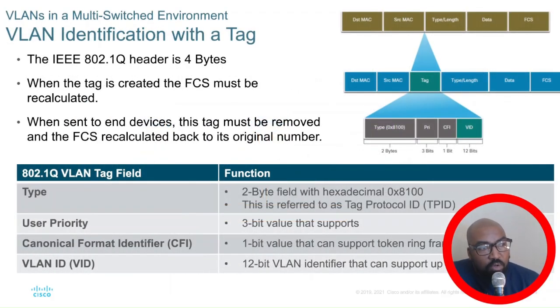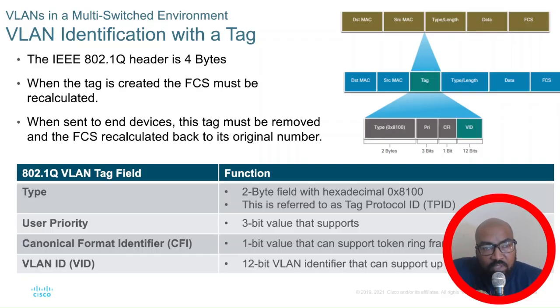All right. So VLAN identification with a tag. The IEEE 802.1Q header is 4 bytes. When the tag is created, the FCS must be recalculated. Essentially, like I showed you in that picture of that trunk, when somebody puts all their materials and luggage into the back of the trunk, they've pretty much ID'd what that is because they know that's what their stuff is.